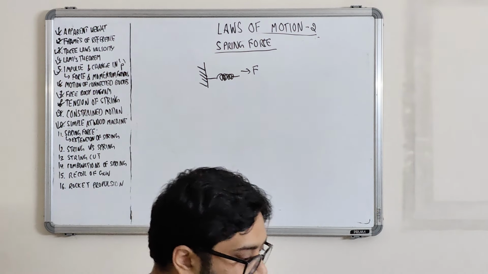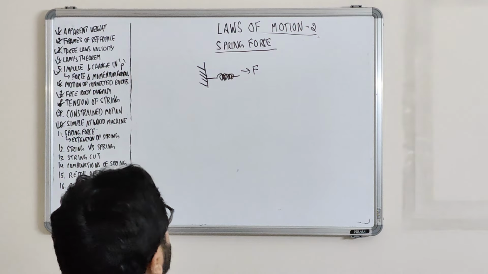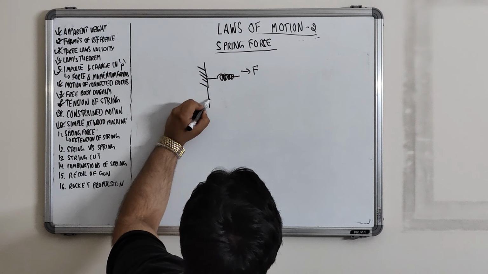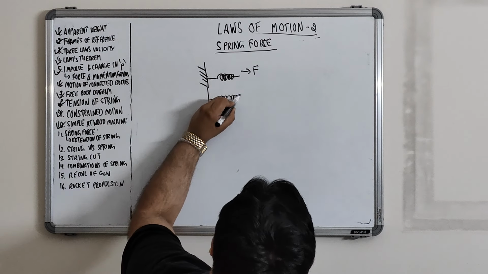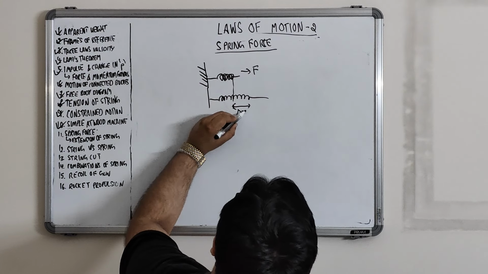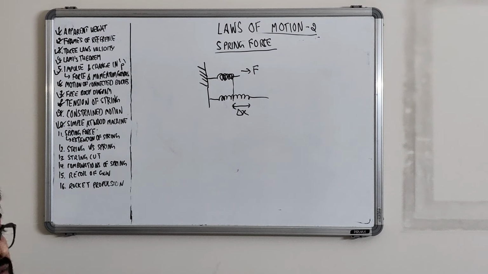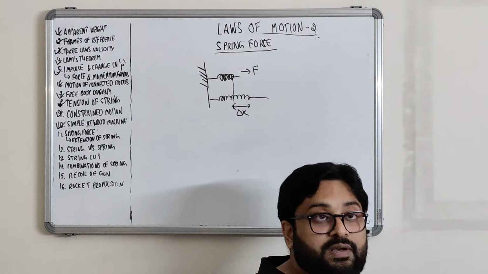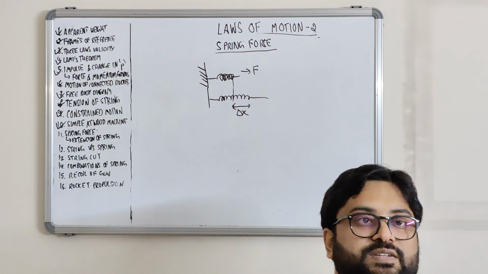So this force is being applied. As a result of this force, there will be a change in length called delta x. It's known as elongation.